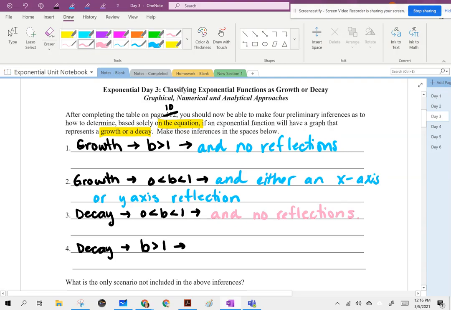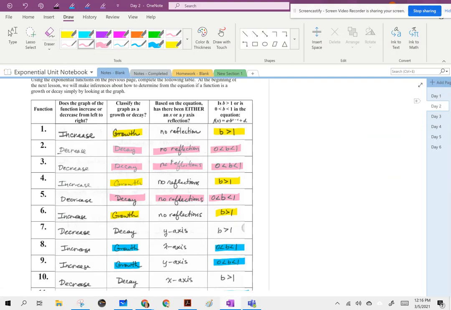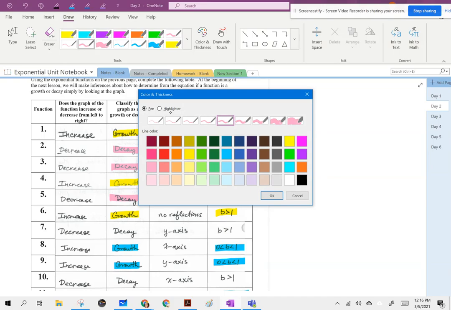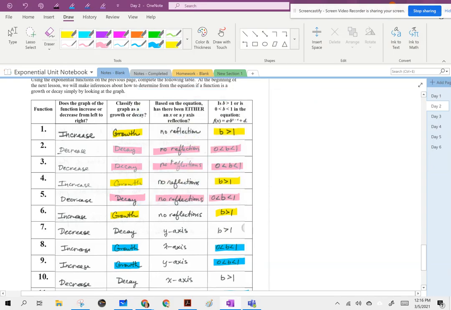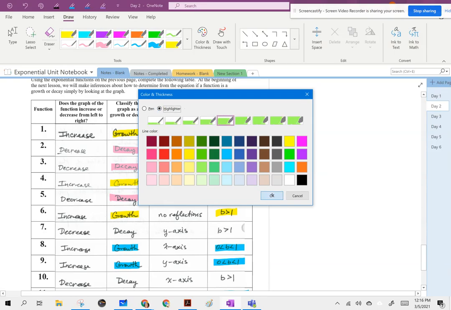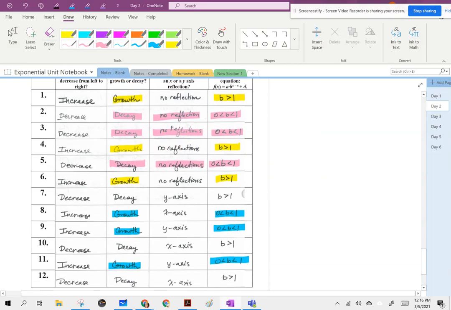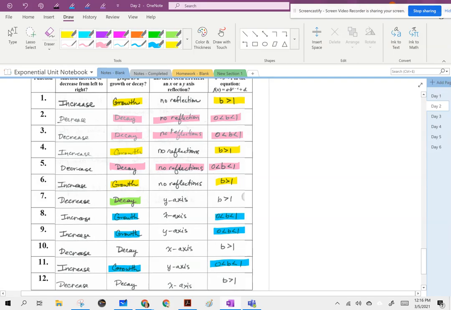Okay. Now let's go back and look and see what the last case scenario is over here. So let's do, I guess, a green. And so now we've got decay, but we've got where b is greater than 1. And let's take a look at that. So what's happening is when it's decay and the b value is greater than 1, there is at least one reflection.